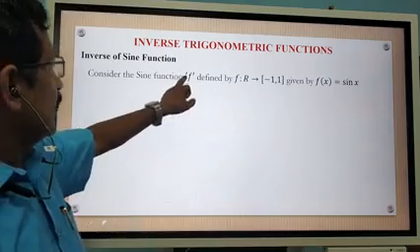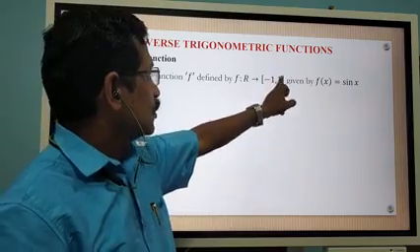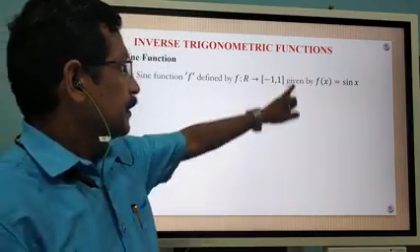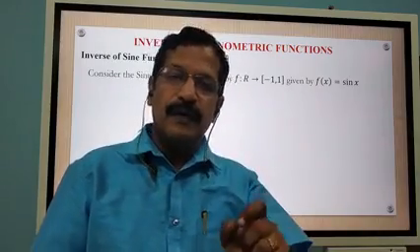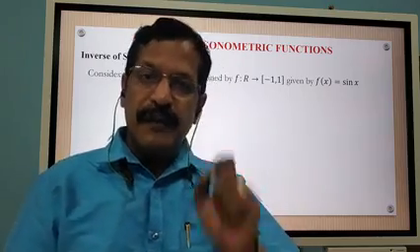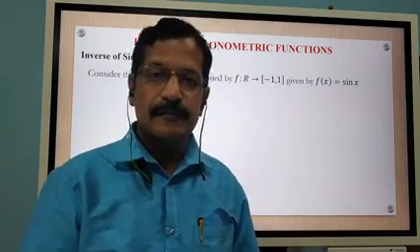Consider the sine function f defined by f from R to the closed interval [-1, 1] given by f(x) = sin x. We have to find the inverse of this f(x) = sin x.